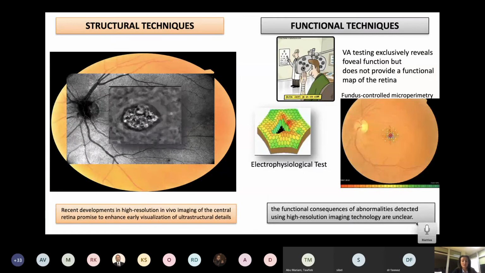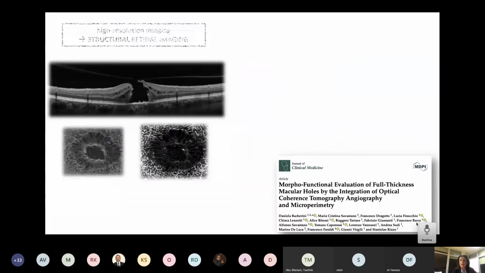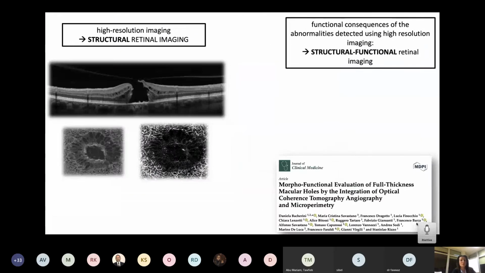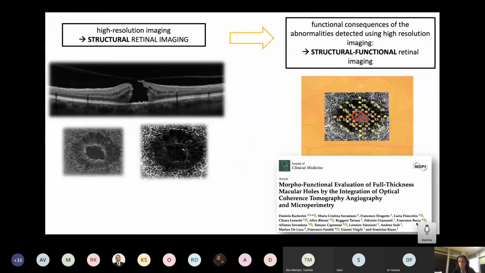As we know, today we have many structural techniques, but not so many easy functional techniques. But we absolutely need, mostly before and after vitreoretinal surgery, to know the functional consequences of the abnormalities detected using high resolution.